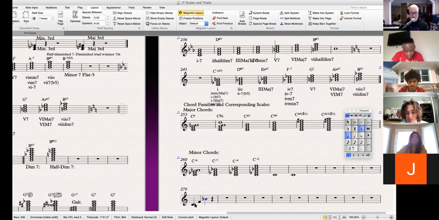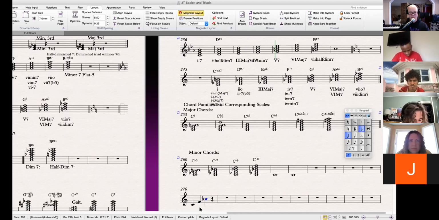Because the F occurs in the chord, we get what we call quartal movement. So C up a fourth to F, F up a fourth to B flat.